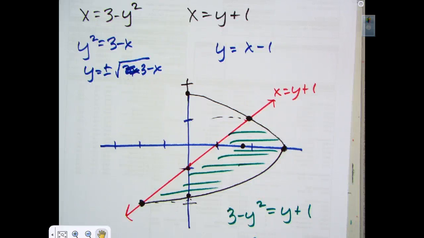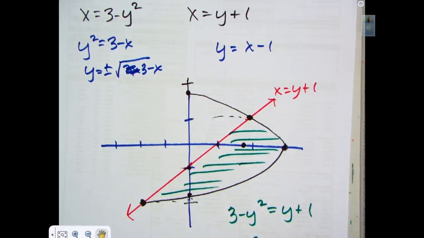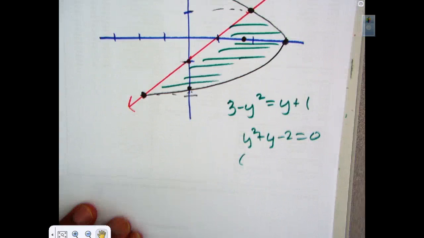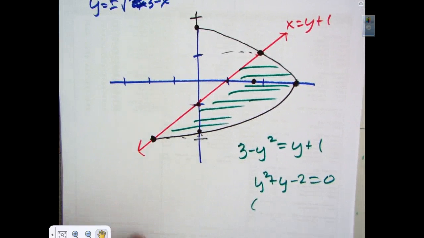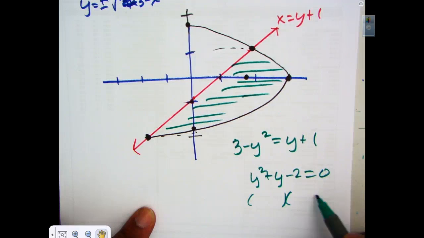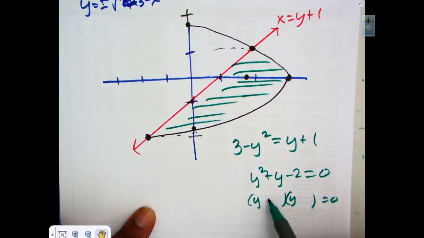Is it y squared minus 1? Because I added y squared to both sides, and then I subtracted 3. All right, so it looks like it's going to be y plus 2 and y minus 1. So y is equal to negative 2, and y is equal to 1.